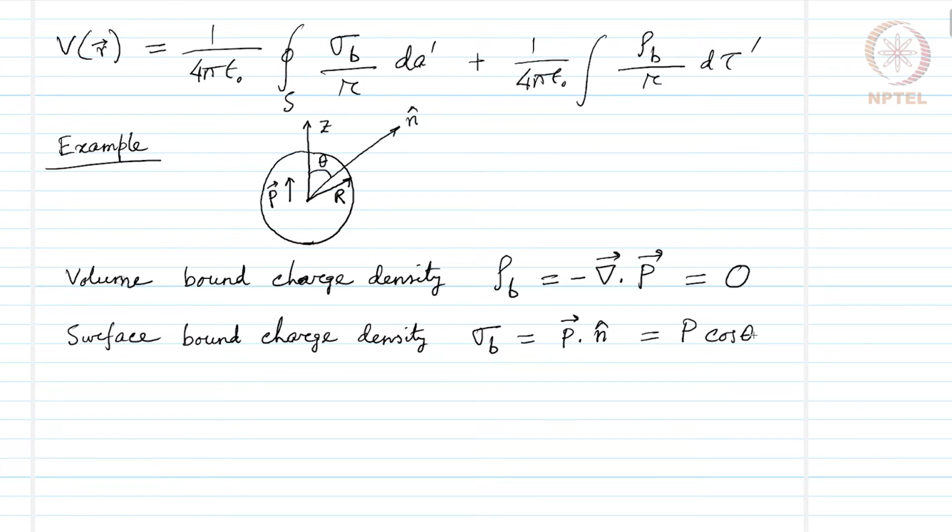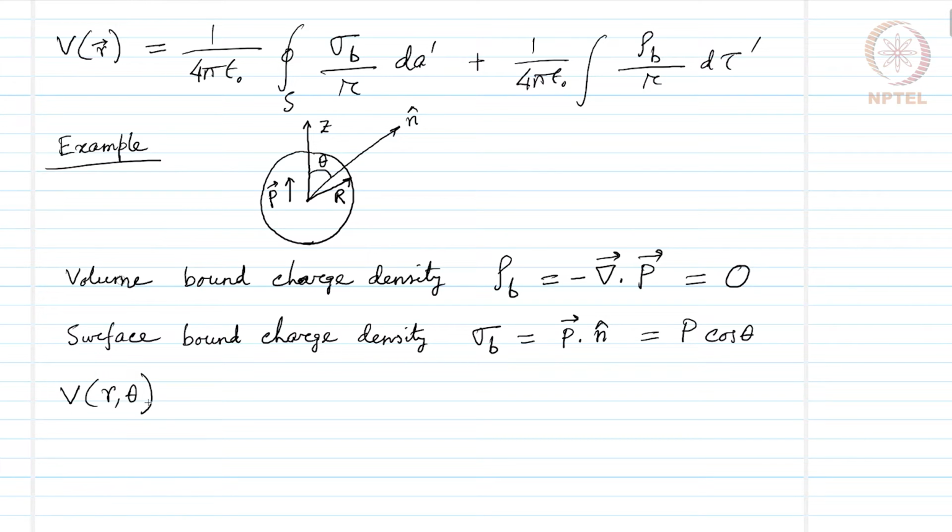And the potential due to such a surface charge density would become, as a function of r and theta, symmetric along the azimuthal direction phi, so it will not be a function of phi.